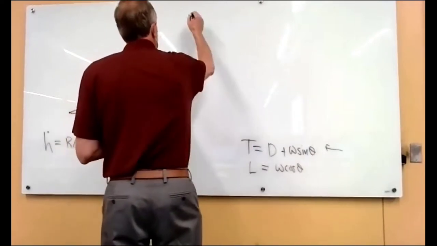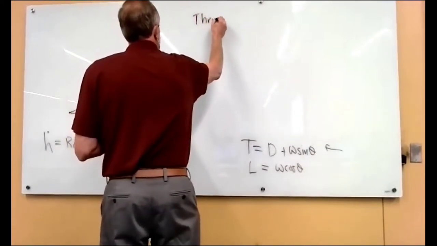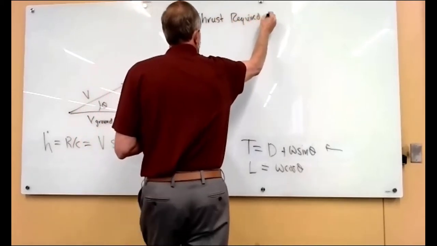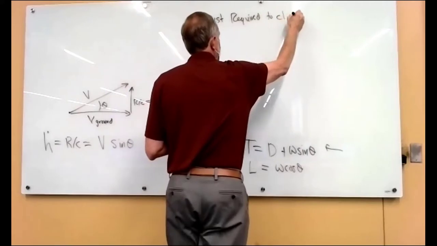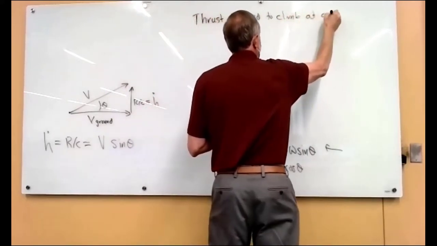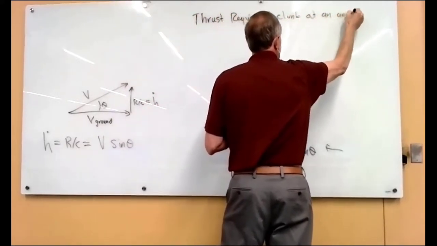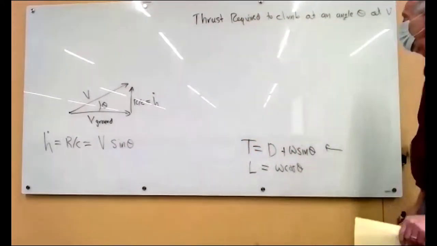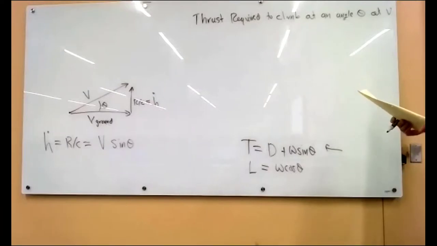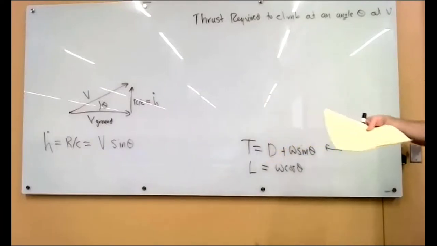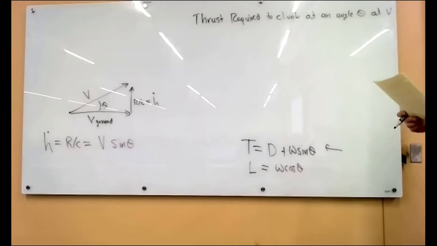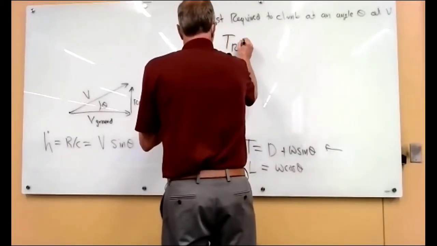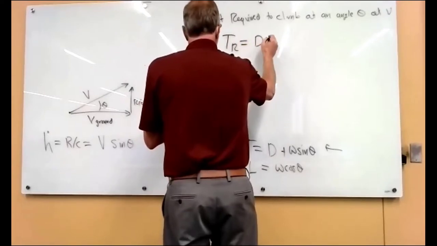So this formula here gives us the thrust required to climb at an angle theta at a velocity v. Because the velocity is going to go into there when we calculate CL and CD. So we're going to call that thrust required for climb.